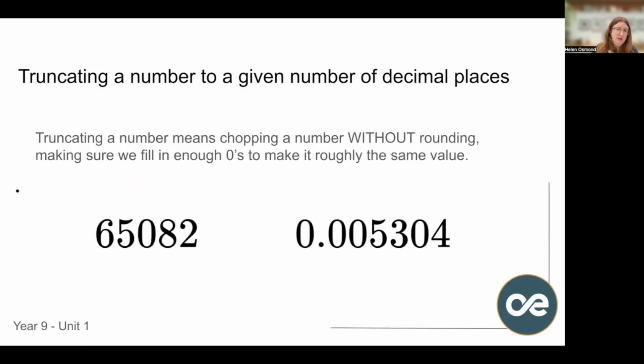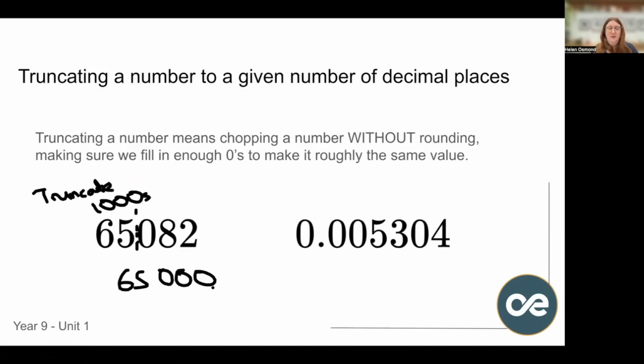So if I wanted to truncate this first one to the thousands, I would look at this, okay, and I would just write 65 and then zeros afterwards to make sure that I'm keeping its accuracy.